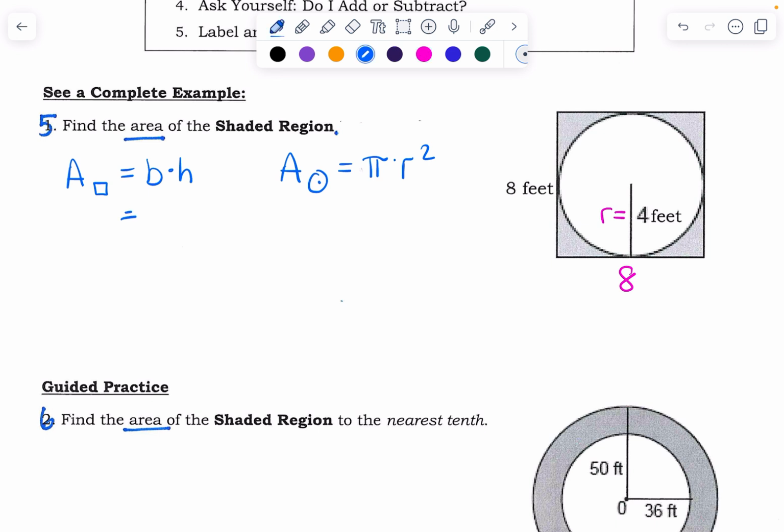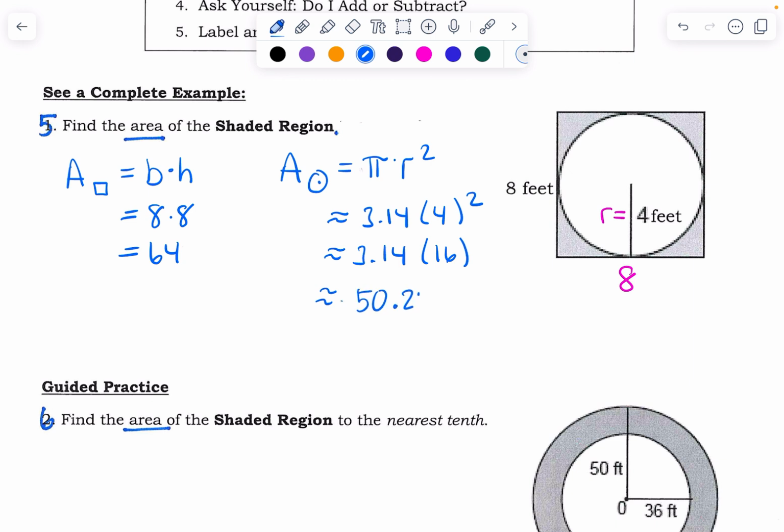So my plug would be 8 times 8, which is 64. And now for my circle, I'm going to do 3.14 times 4 squared. 4 squared is 16. 16 times 3.14 is 50.24. And now I have the 64 minus 50.24.